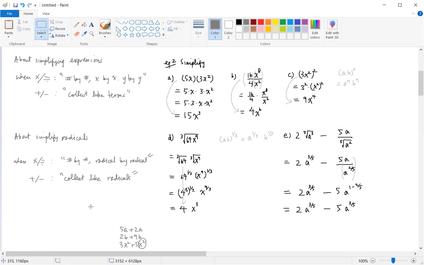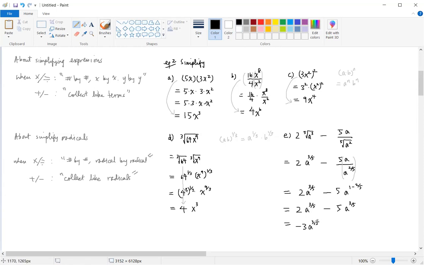So here is the same thing, although the term doesn't look like it. But in your head, you also think of this as some exotic fruit, maybe mango. So 2 mango minus 5 mango. So you can collect like terms, here it is -3 of such term.